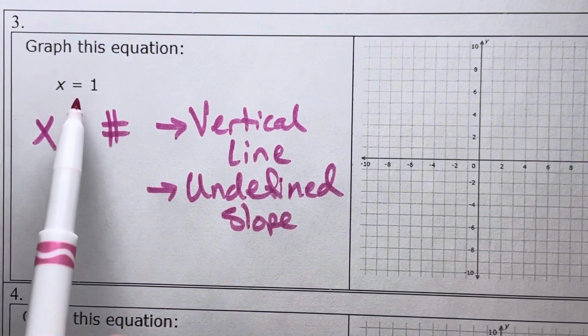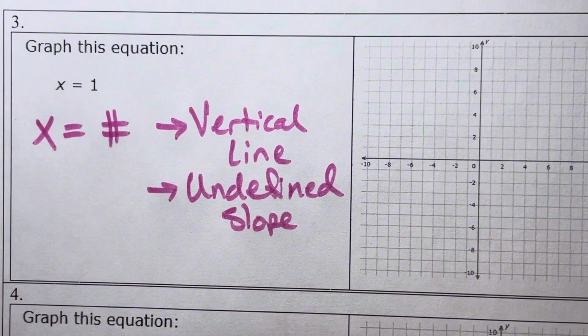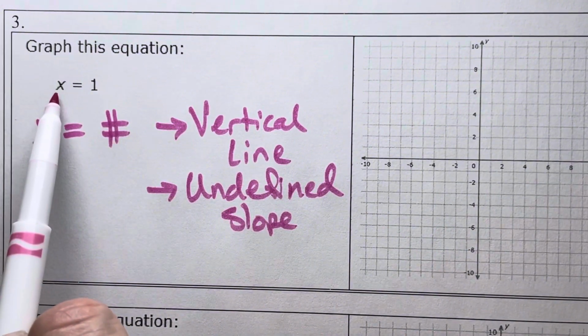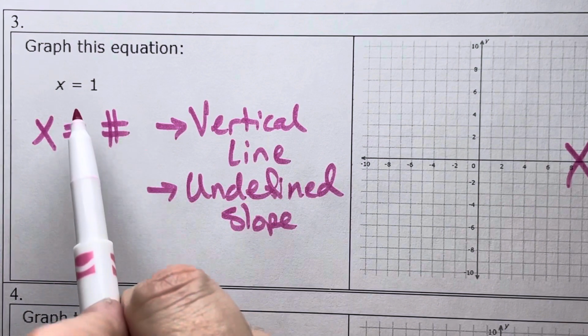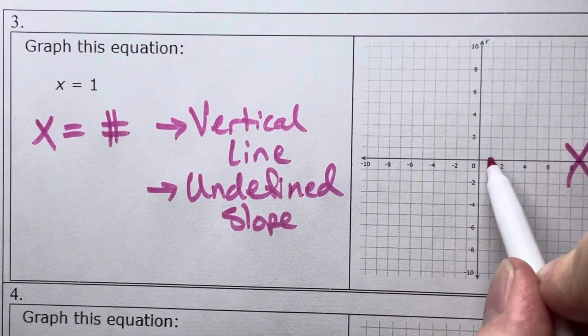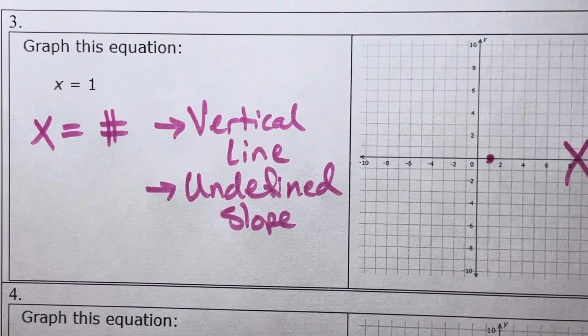So we find the value given to us in our equation on the x-axis, as this is an x equals equation. So here's my x-axis. And we place the value of 1 right here on our x-axis.